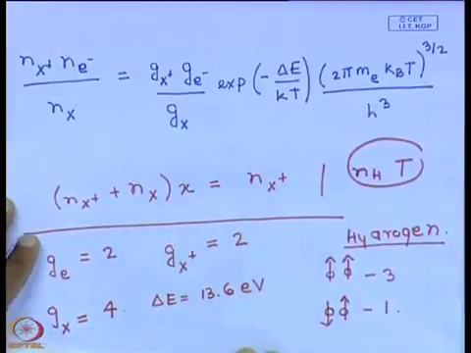But here we have been looking at the star, and the reason why we have been discussing the Saha ionization equation is that we have been looking at the equation that governs the structure of a star.